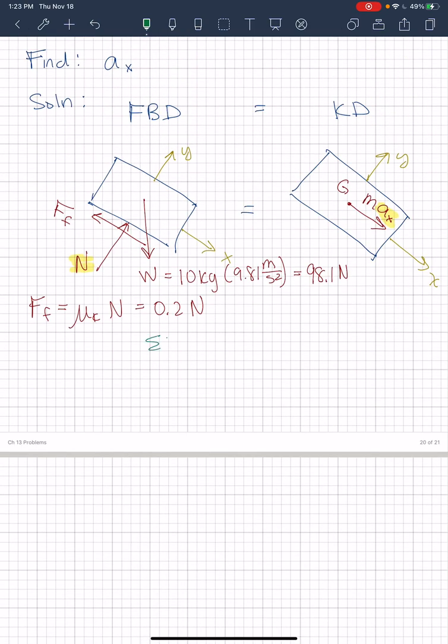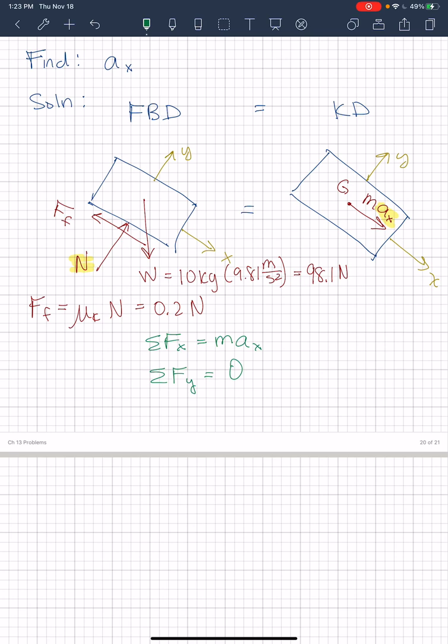If we sum the forces in the x direction equals max, we're going to have two unknowns in that equation. So we can also sum the forces in the y direction. Then we look over here and we don't have any a sub y, so that's just going to equal 0. And that'll help us figure out what N is.